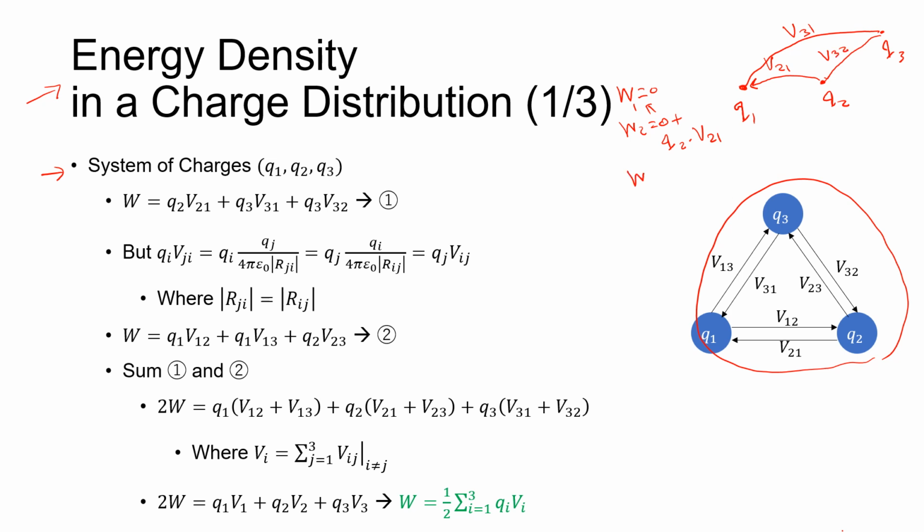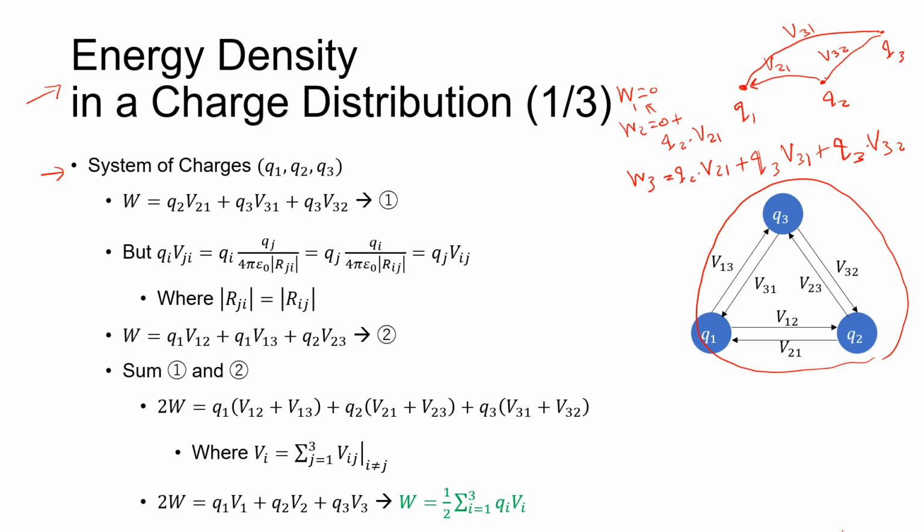Then your W3, or the final W of the three charges, equals W2, which is nothing but Q2 V21, plus the new work due to Q3, which is Q3 multiplied by V31, plus again Q3 multiplied by V32. So this is the total work done in order to bring these three charges into this specific space.